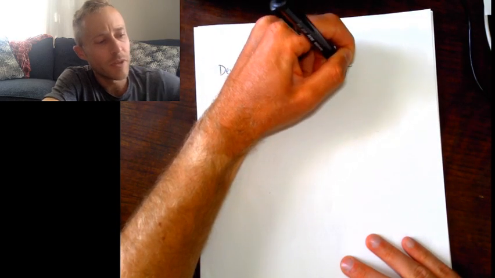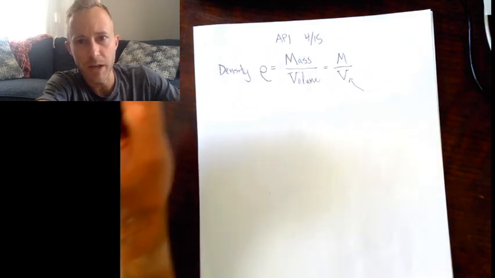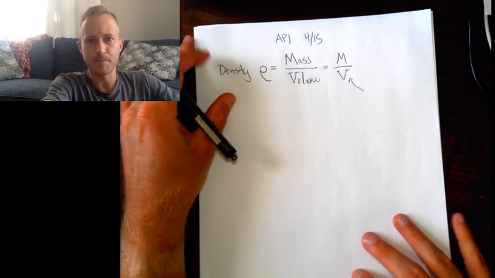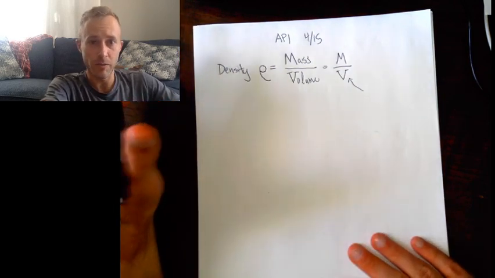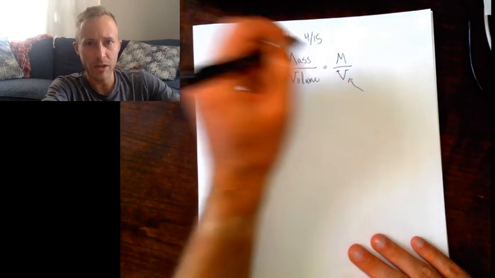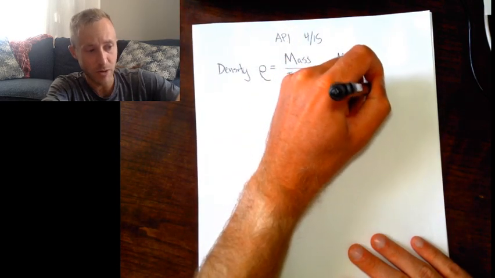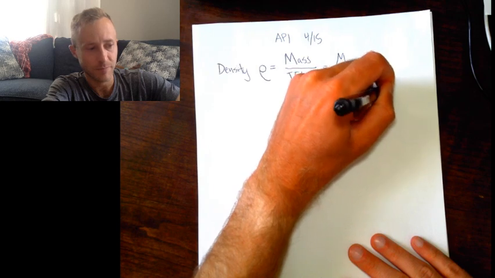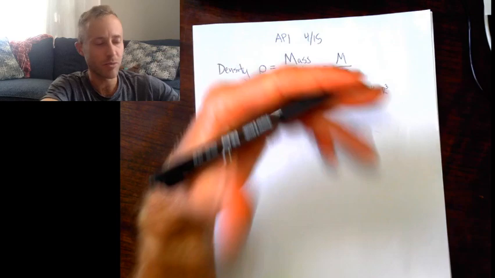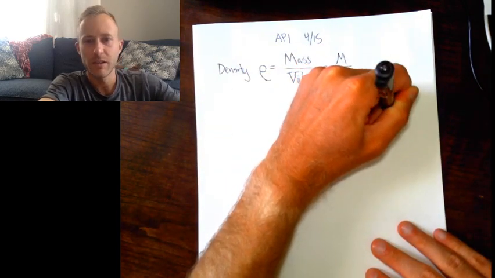Now, the equation that you would use for volume is going to depend on what kind of shape it is, right? If it's a sphere, you might use 4/3 pi r cubed. If it's a rectangular prism, you might use length times width times height.